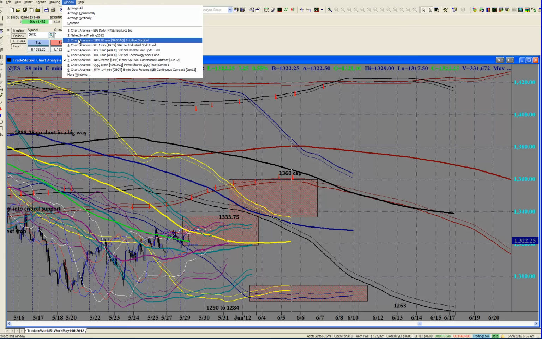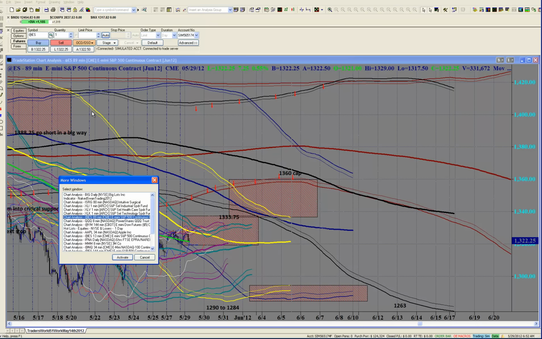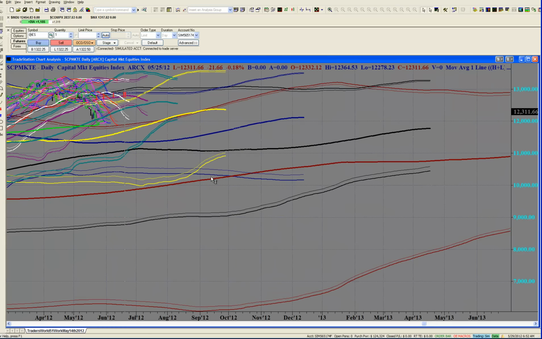Now, if we go to the more distant chart on a much larger time frame, before I actually take you to the S&P, I'm going to first take you to a global index. When I say global, I'm really referring to a large index of stocks that trade in the U.S. marketplace.